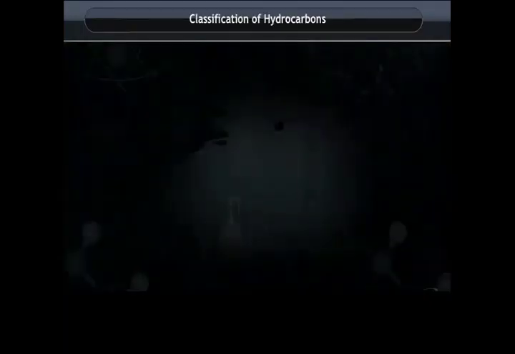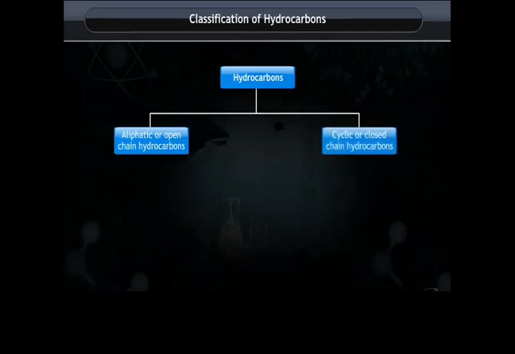Classification of hydrocarbons. Hydrocarbons are classified as aliphatic or open chain hydrocarbons and cyclic or closed chain hydrocarbons.